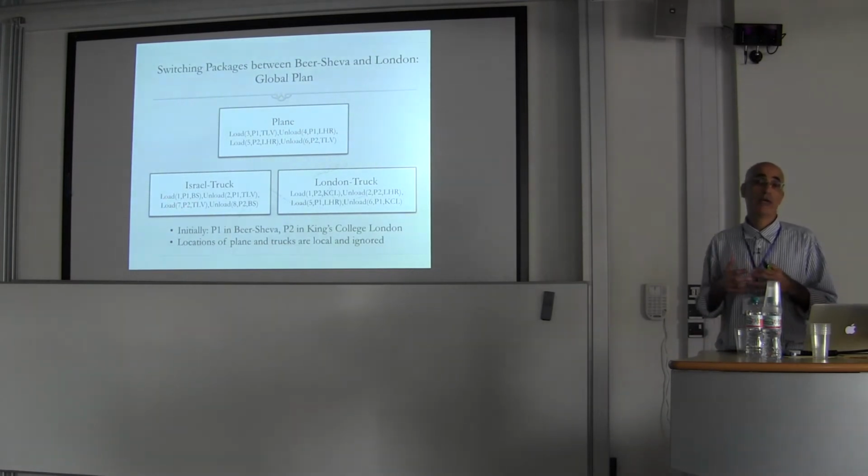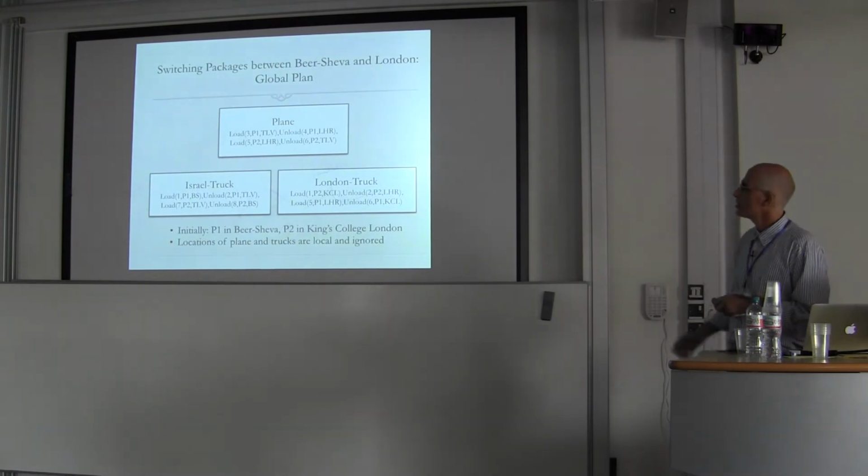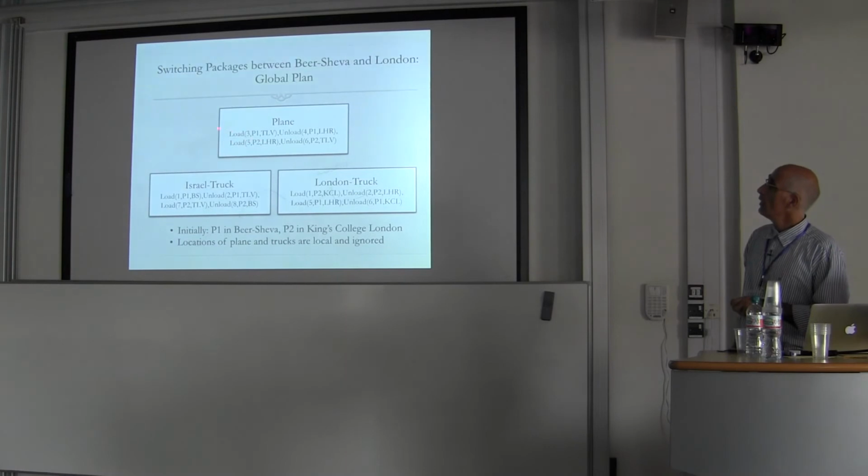We need to say which action comes when. Since I'm not showing this as a sequential plan, I'm noting the time point at which each action should be executed. So the Israeli truck loads the package in Beersheba, and then unloads it in the airport. Then at some point it loads the other package in the airport, presumably that it's going to be there by then, and unloads it in Beersheba.